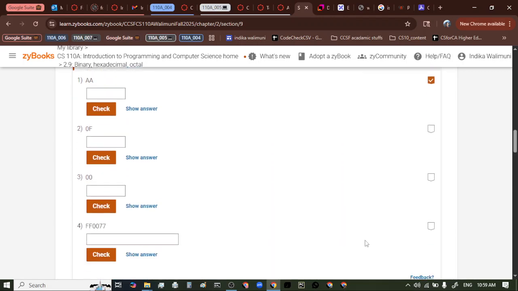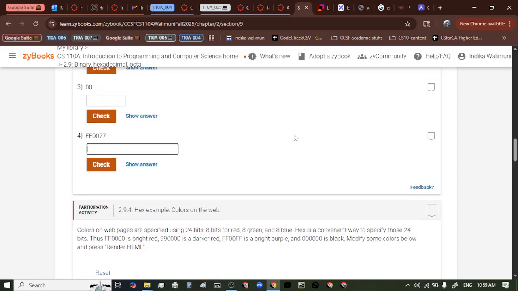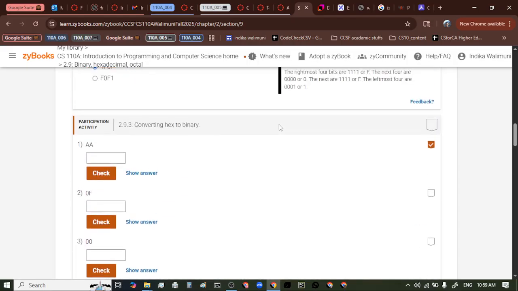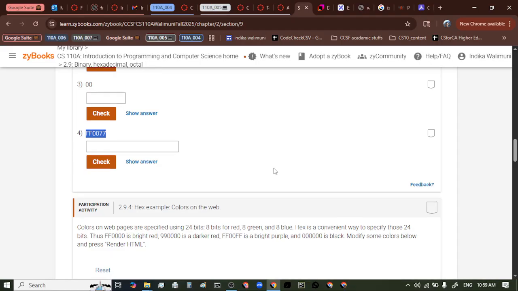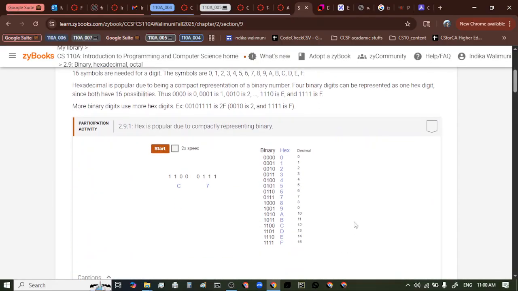All right, so this one, let's do number 4. What should be the answer? Well, this is base 16, so we are converting to binary. So 7 is going to be 0, 1, 1, 1. If you're not sure, here's the table: 7 is 0, 1, 1, 1.